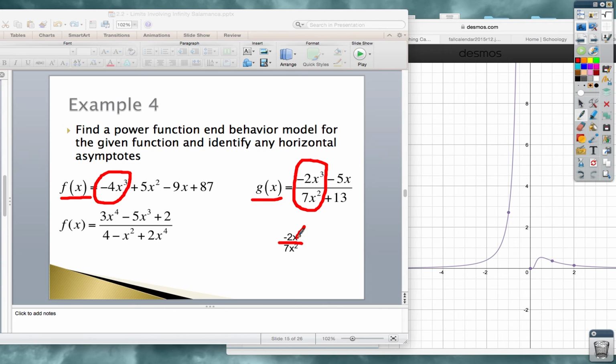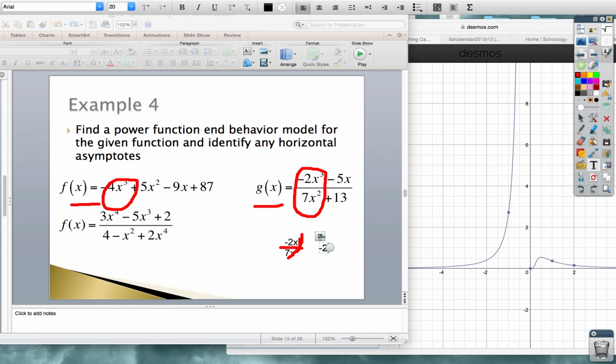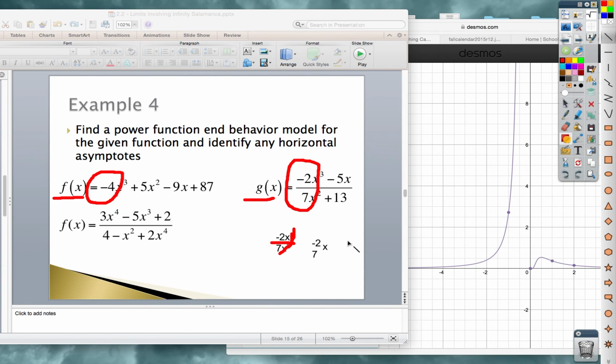We can actually cancel out the x's. That means we'll have 1 x left on the numerator, and we will have nothing left on the denominator. Therefore, we will have negative 2/7 x as our power function end behavior model. So just like so.